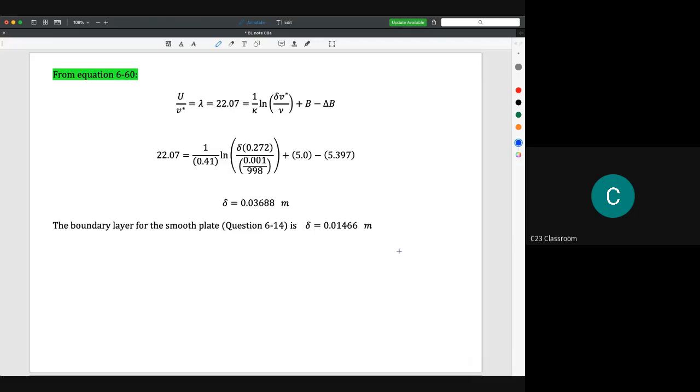So for example, from equation 6.60, we could use this idea to calculate the boundary layer. So we have U over V star here, which is equal to lambda, equal to 22.07, and it is equal to 1 over kappa ln of delta V star over nu. So this is the kinematic viscosity.